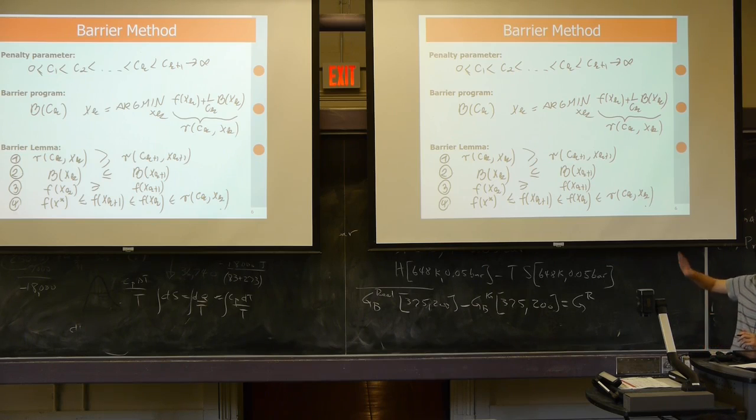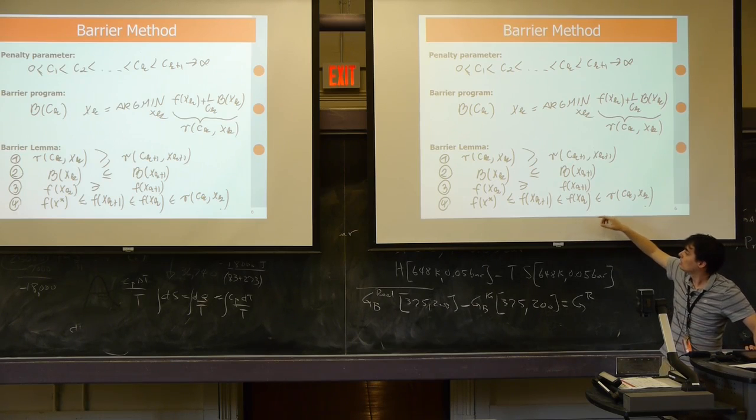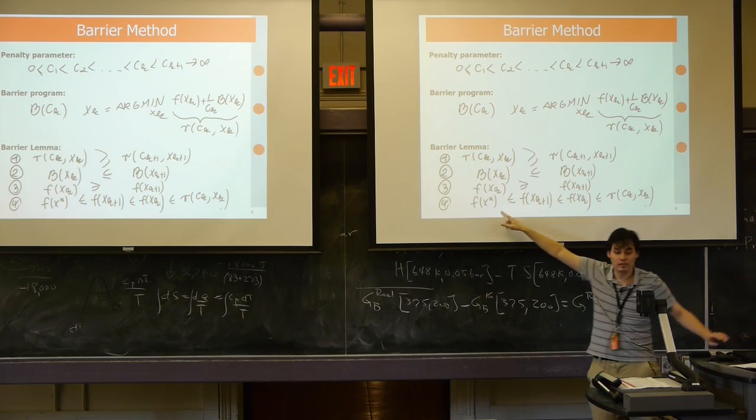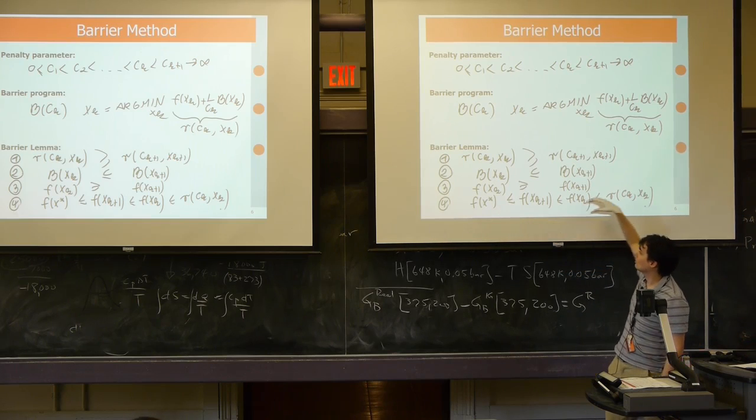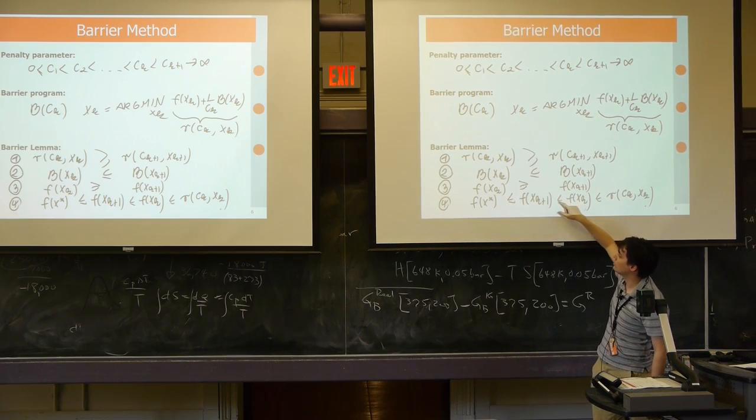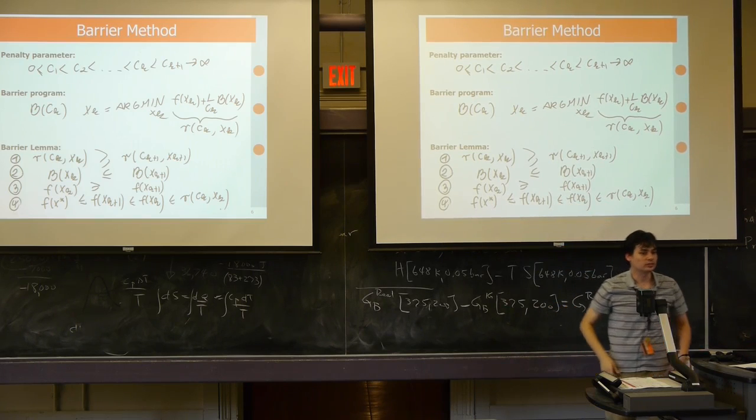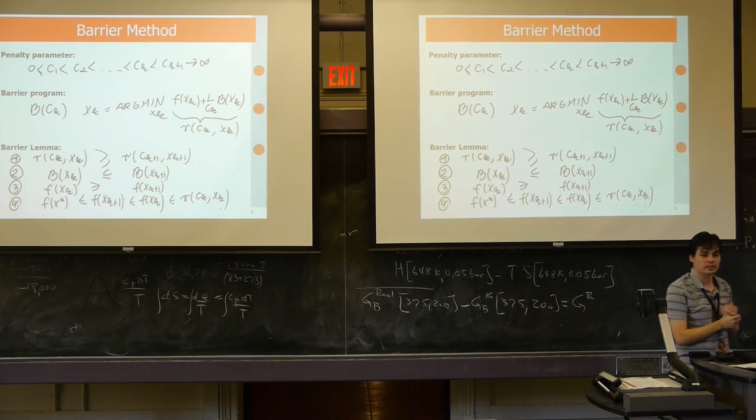So what happens here is, as we increase k, we converge to x star, and the function values will be decreasing and converge to the value at x star. So it's the opposite of what happened with the penalty function.